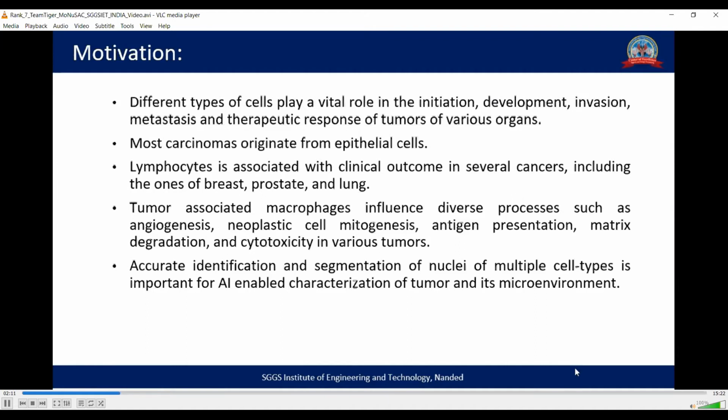Lymphocytes are associated with clinical outcomes of several of the deadliest cancers like breast, prostate, and lung cancers. Tumors that are associated with macrophages influence various processes such as angiogenesis, mitogenesis, etc. Therefore, accurate identification and segmentation of nuclei of multiple cell types is essential to study characteristics of tumors and their surrounding tissues.